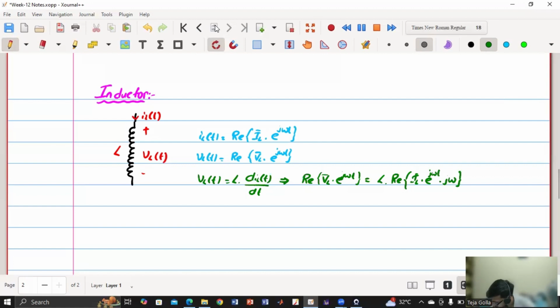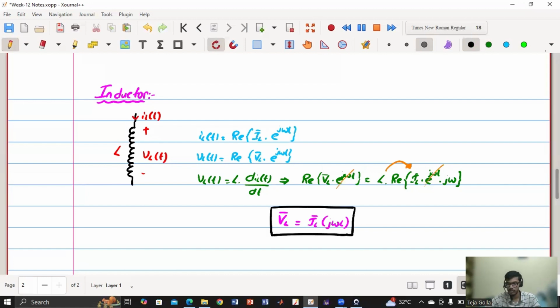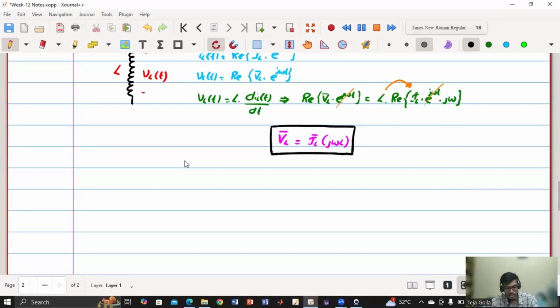Now, e to the power j omega t cancels, and if you take L inside, you'll get the expression VL bar equal to IL bar into j omega L. So basically, now we are getting the current-voltage relationship of the resistor, capacitor, as well as inductor.